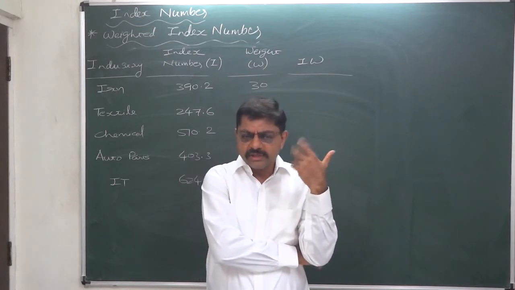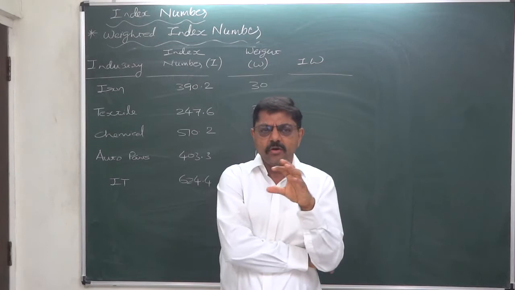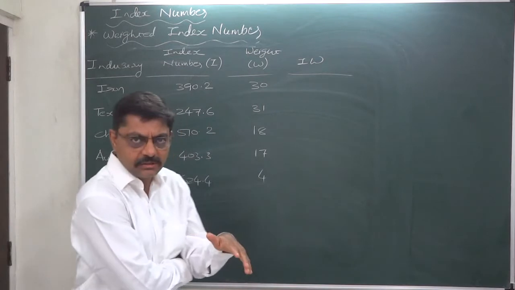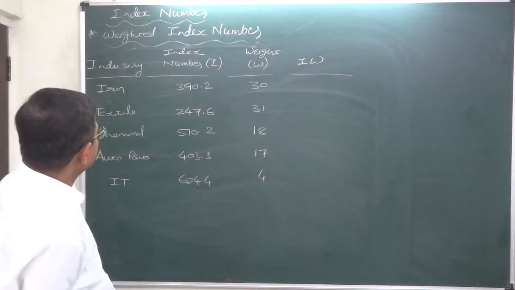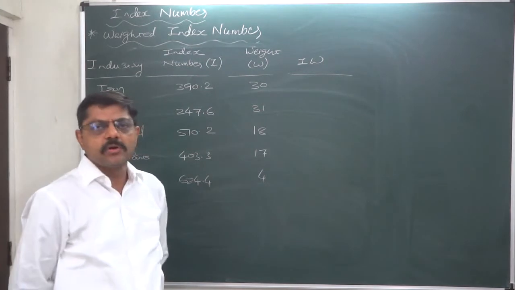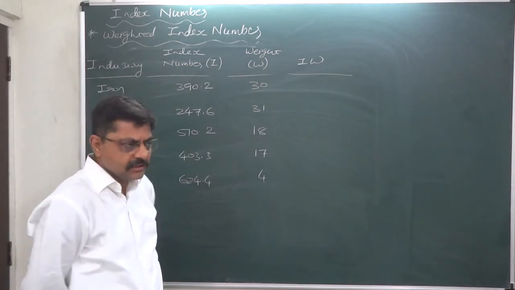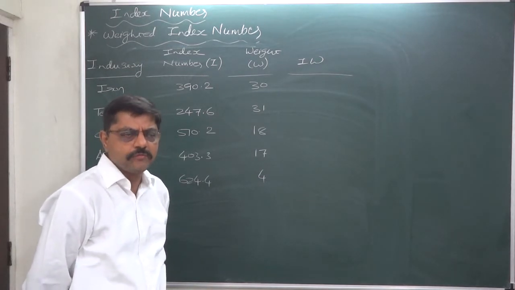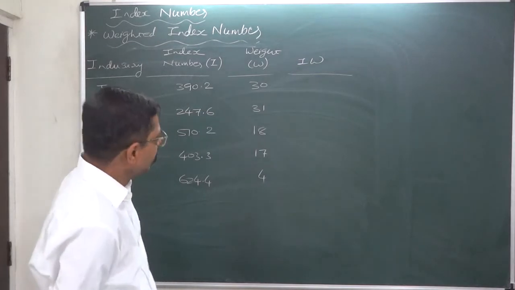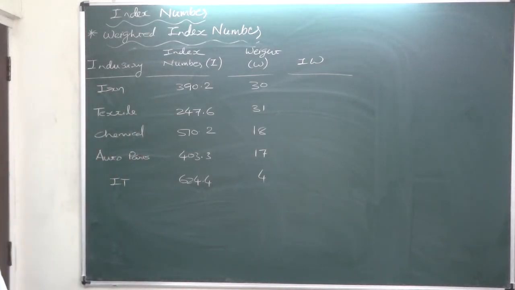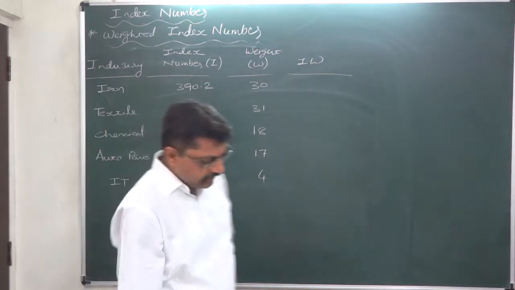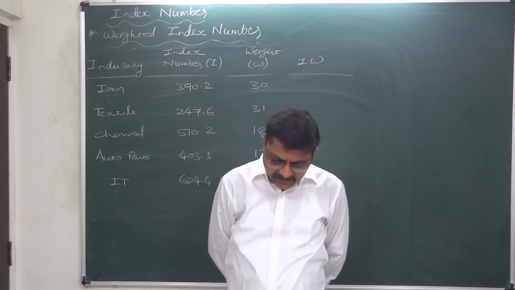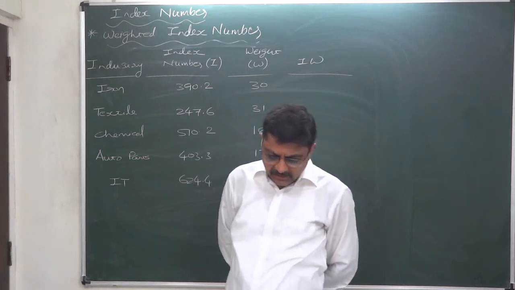Yes. So just as a sign of something different, I have selected this example from a board examination, in which we need to calculate the index number of industrial output. We had discussed these uses in the very first lecture. Why should we go for constructing index numbers? So let's calculate the index number of industrial output. The question says the index numbers of output of industries in a state and the weights of these industries are given here.